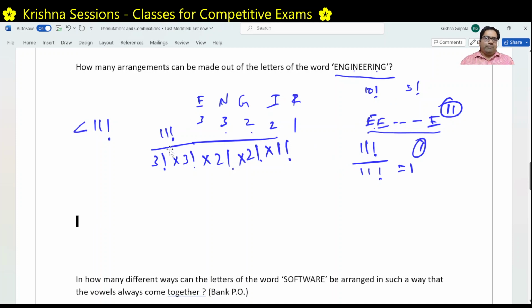So when the letters are getting repeated, what do we do? We write down how many times they are repeated, and we divide the total 11 factorial by all these repetition factorials. E is repeated three times, so 3 factorial, into N three times, so 3 factorial, into G 2 factorial, into I 2 factorial, into R, which is 1 factorial.